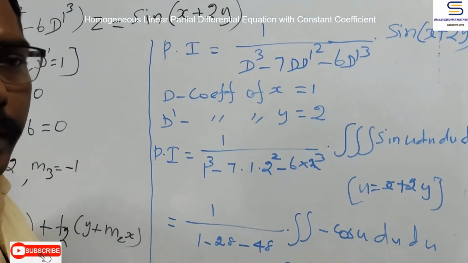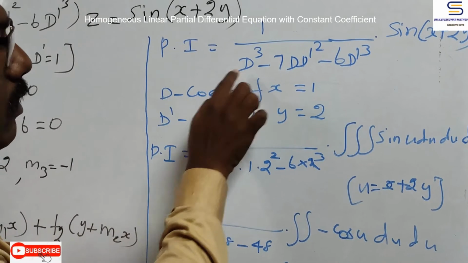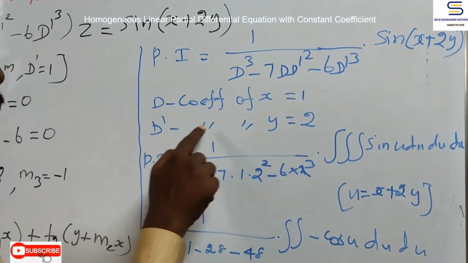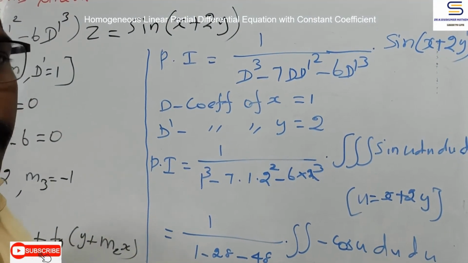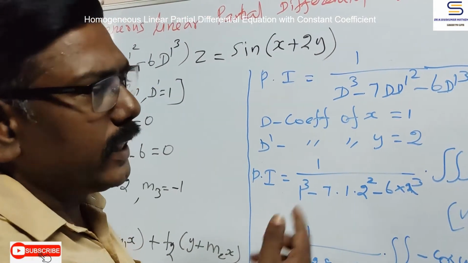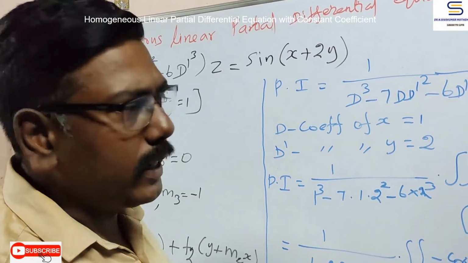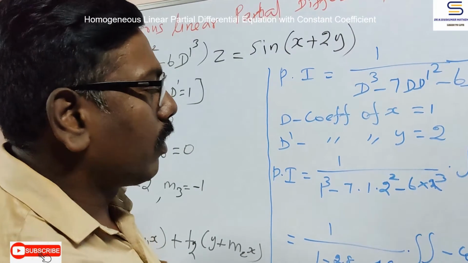So the major concept of the shortcut in this problem is, take D equal to the coefficient of x, here 1, and D dash equal to the coefficient of y, here 2. In the ordinary method we follow another approach, that is D square equal to minus a square, but here you need not use that method.